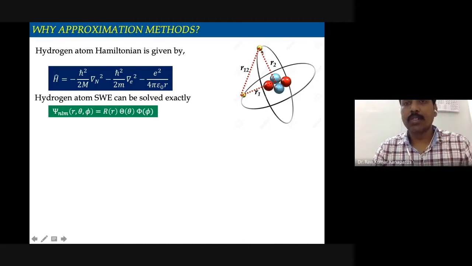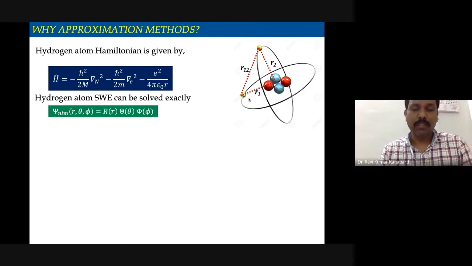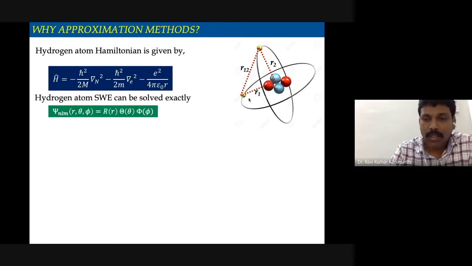R2 is the distance between electron number 2 and the nucleus, and R12 is the distance between the 2 electrons. This is how we start, because these are required to write down the potentials. The Hamiltonian of any given atom or system comprises kinetic energy components as well as potential energy components.